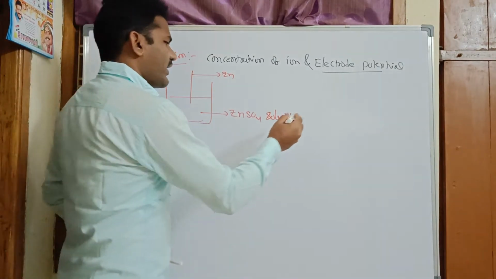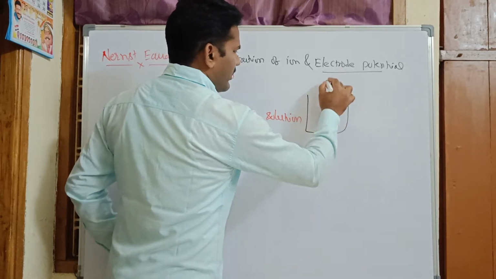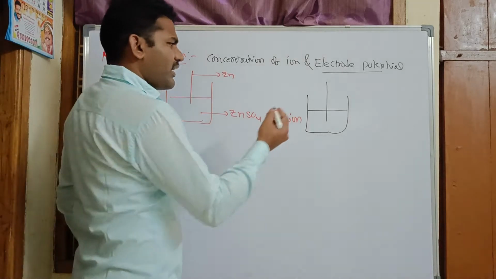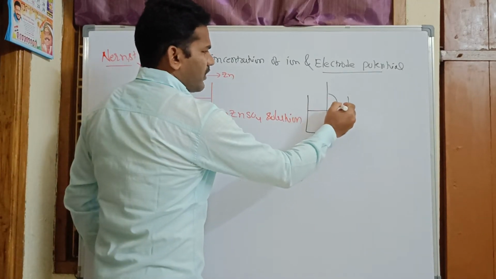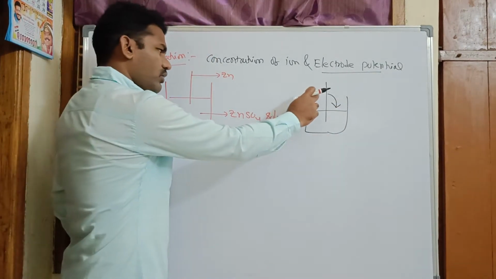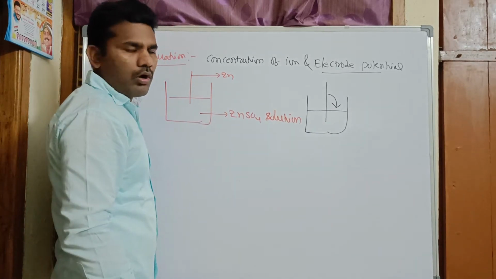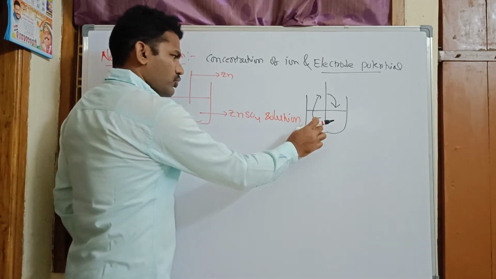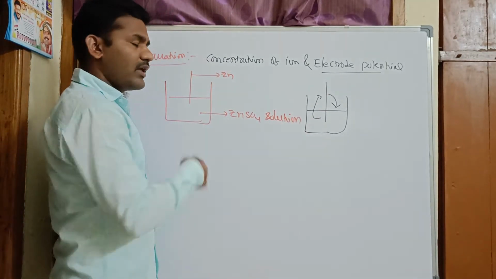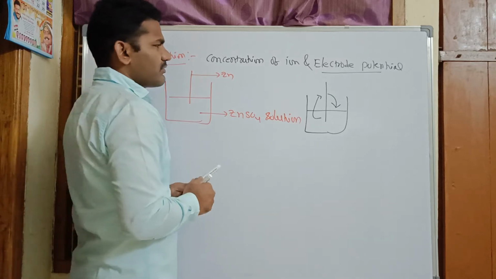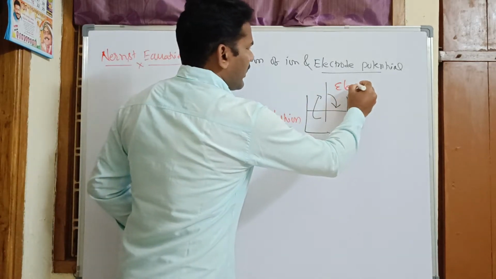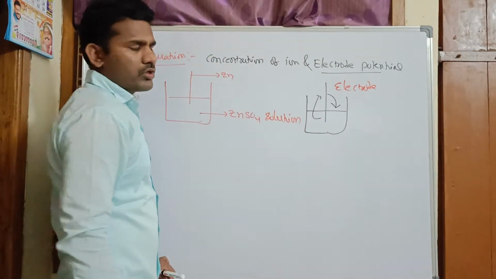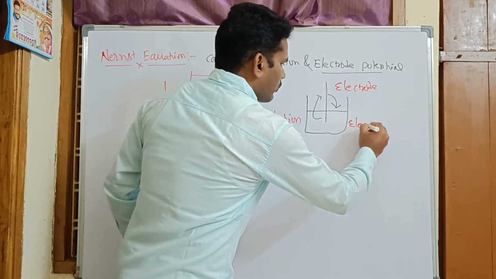In general, whenever a metal rod is placed in its solution, there may be a transfer of electrons from the metal rod to its solution, or from the solution to the metal rod. In electrochemistry, we call this metal rod an electrode, and the salt solution is called an electrolyte.